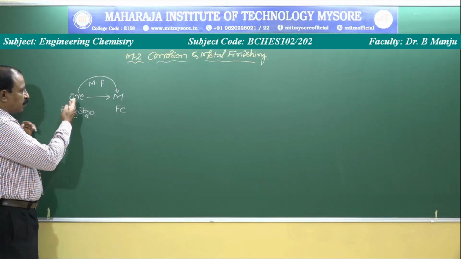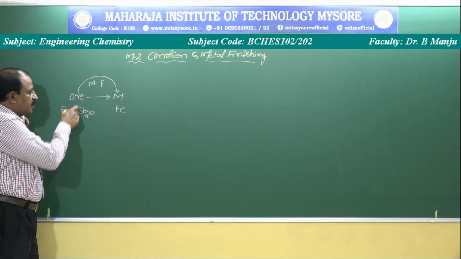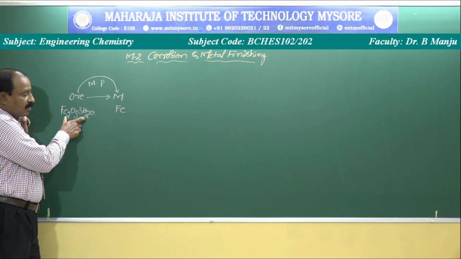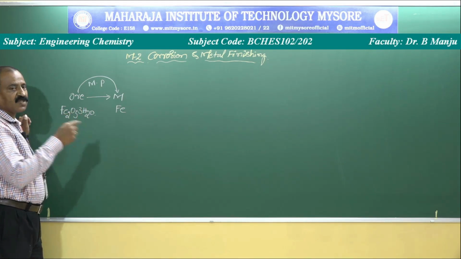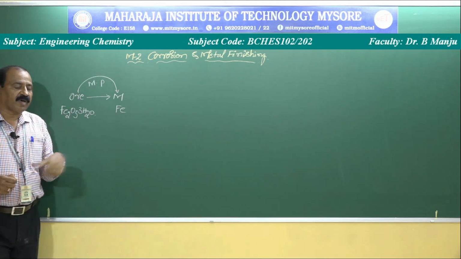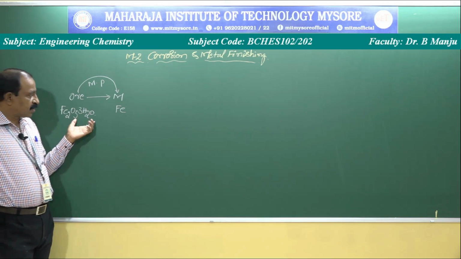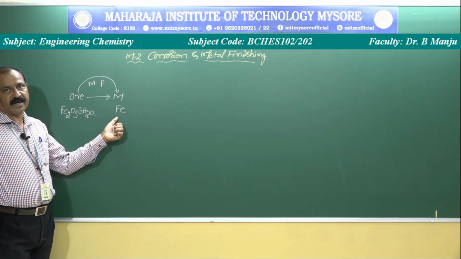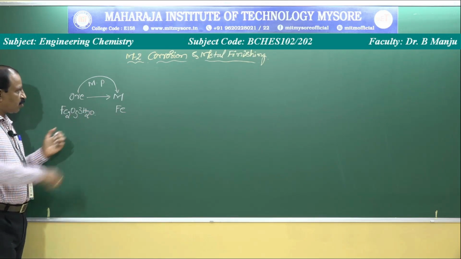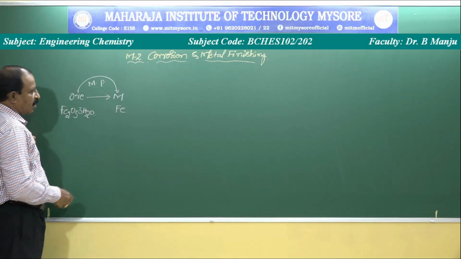In natural ore form, as available in the earth's crust, iron is in the combined form. In the combined form, energy is always less and stability is more. But we want a variety of engineering applications, for which a strong metal is required. That's why you extract pure metal from its ore by using a metallurgical process.